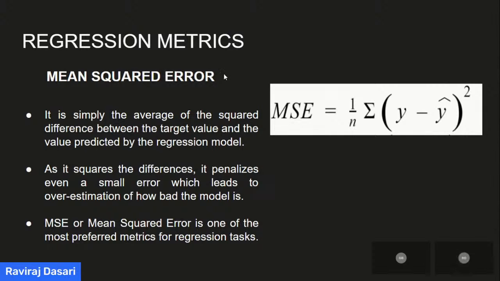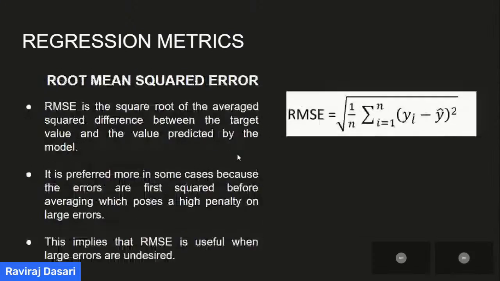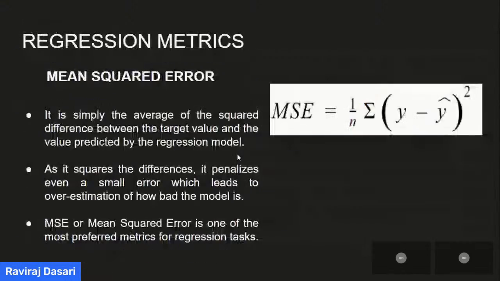When you say mean squared error, what happens in a regression problem is that it tries to draw a linear line between the data points. When you draw a regression curve, there is a difference between the predicted value and the actual value. Suppose a model is predicting the age of a person based on color, height, weight.